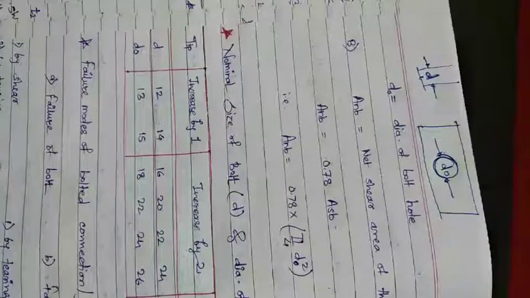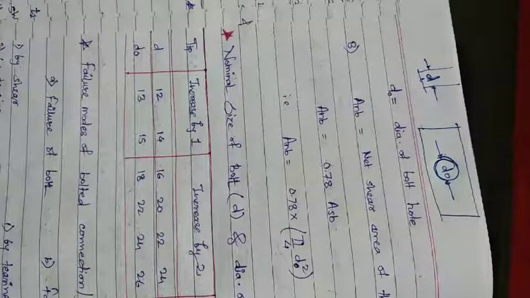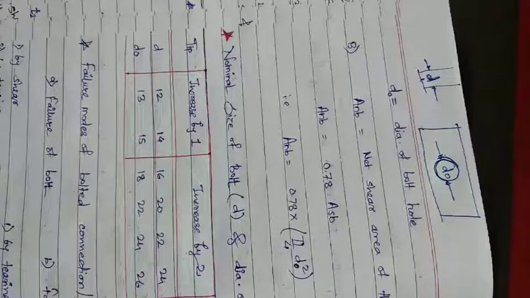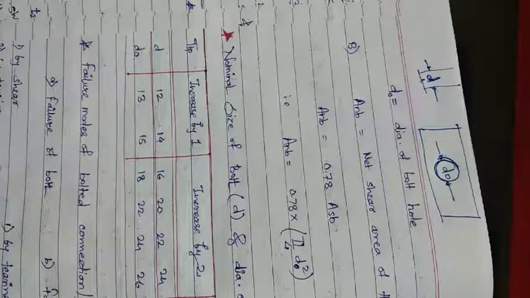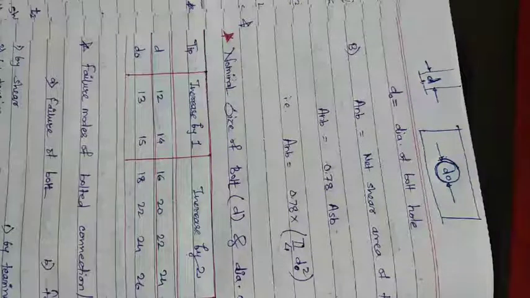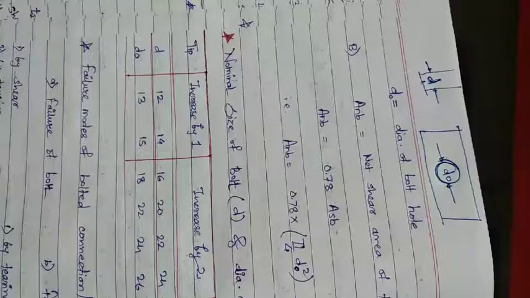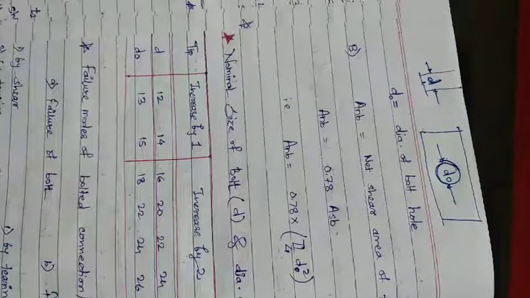So the bolt hole size should be sufficiently larger so that our bolt can be inserted into the bolt hole and fixed tightly. It should not be loose, and it should not be very tight. That's why there are two terms: nominal size of bolt d and diameter of bolt hole D naught.